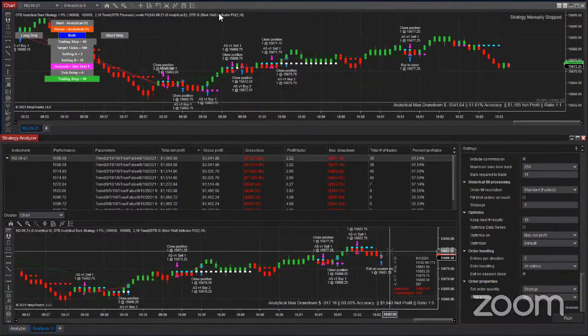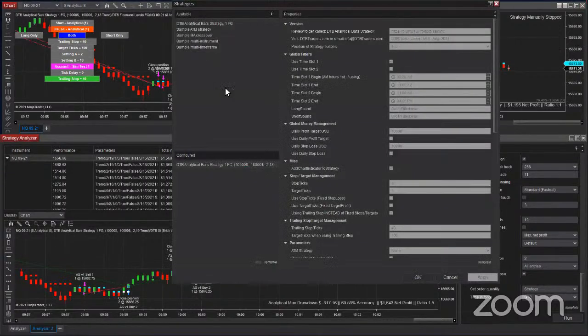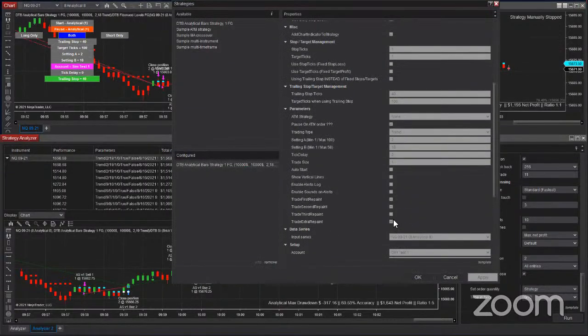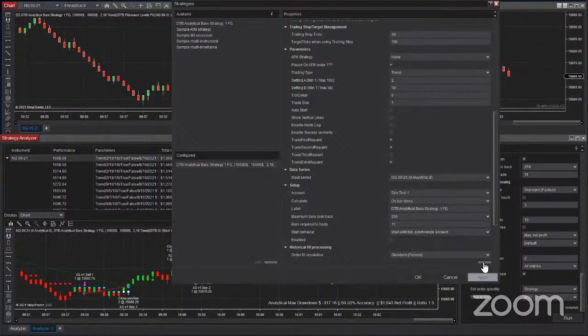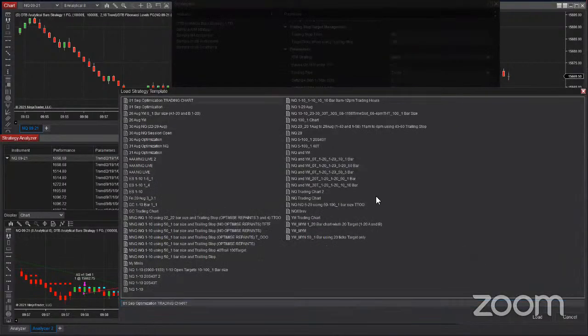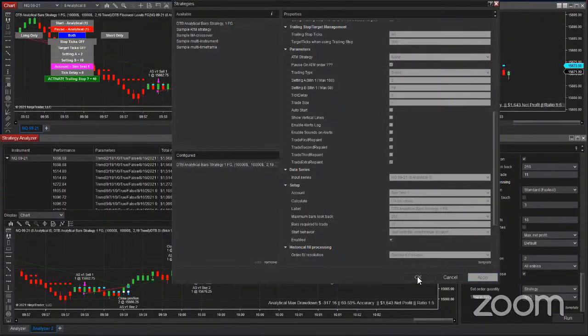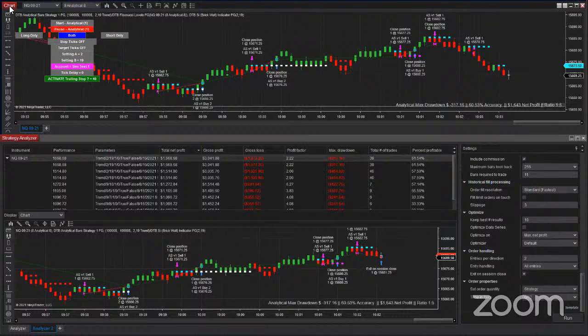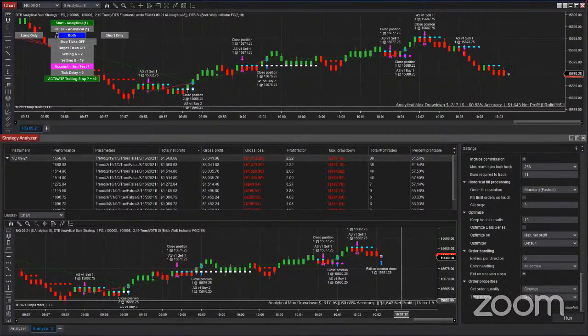And then going to your trading chart, strategies, disabling the strategy, and then going to the template and then loading it, trading chart, load, enable, apply, and okay. Again, I'm looking at my chart, my strategy analyzer and my trading chart are matching like they should. The drawdown, everything is exactly the same.